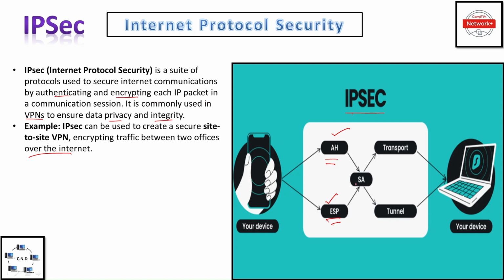And the SA stands for Security Association. When a VPN is made and a tunnel is formed between the end devices, their information, including the encryption protocols as well as the endpoint IP addresses, are all recorded inside the SA, that is Security Associations.